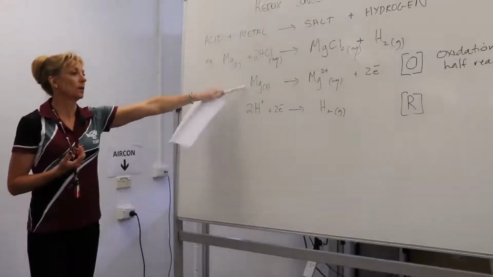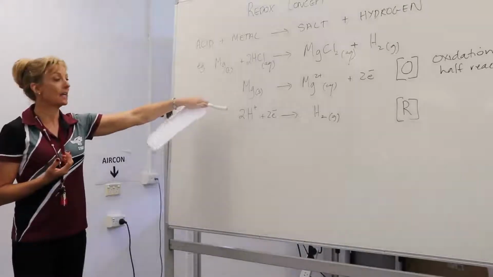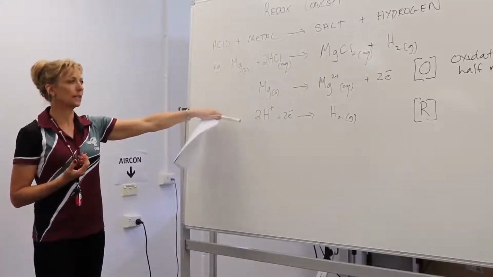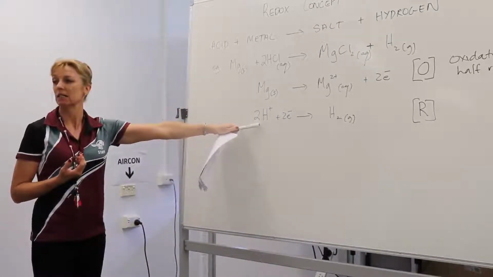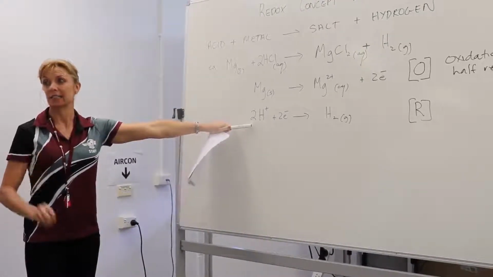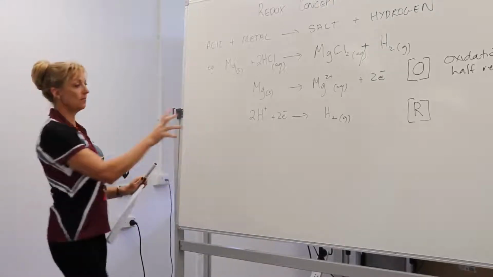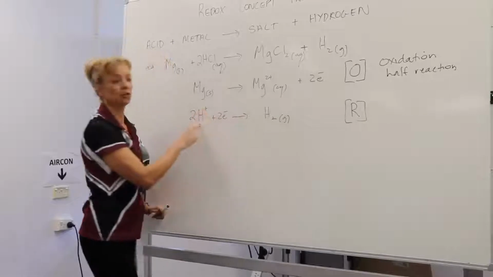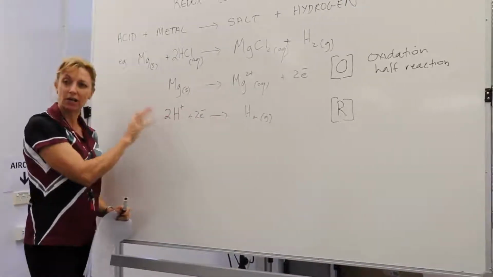So the metal is oxidized and the acid is reduced. Yeah, but we don't want to call it the acid. What is this? Solution. The hydrogen ions. You have to be very specific about the species because that's hydrogen. This is hydrogen ions. The hydrogen ions are reduced.